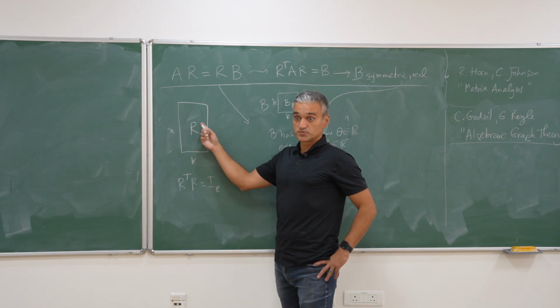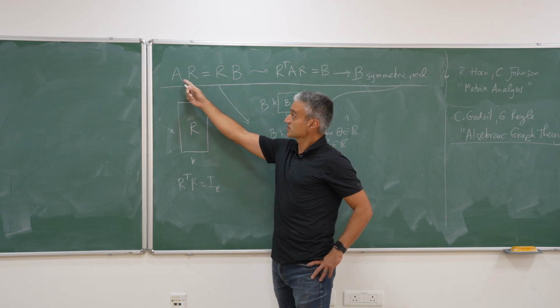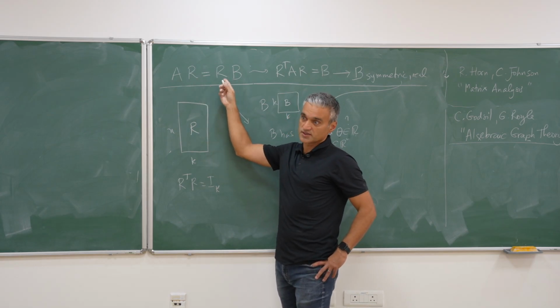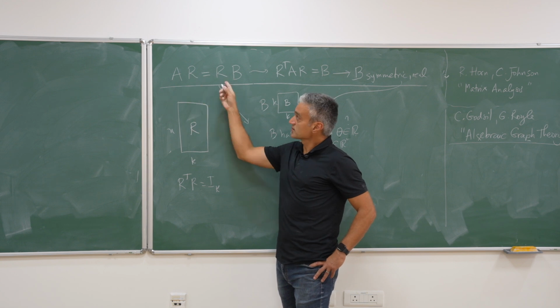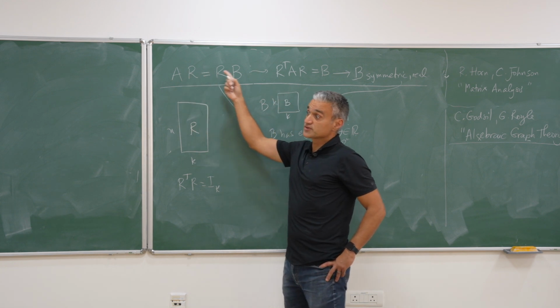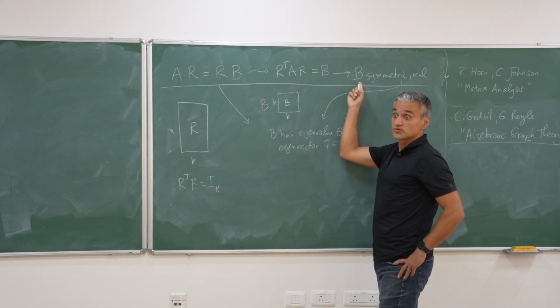We take the columns of R to be an orthonormal basis for that subspace. Because of A-invariance, A times R is a linear combination of the columns of R, so you get this. And again, you need A to be symmetric to guarantee that B is symmetric.